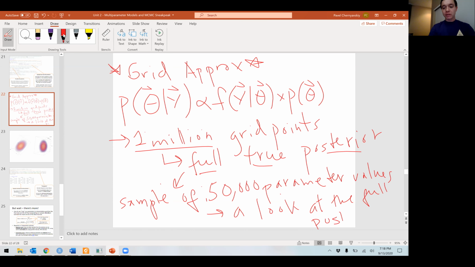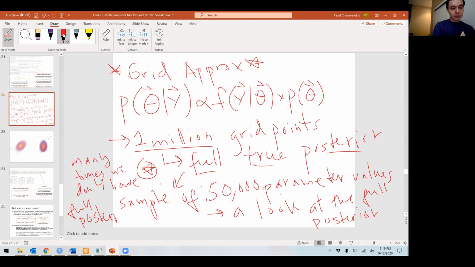So that's important because a lot of the time, we don't have the full posterior. But we do have some number of samples from the posterior.